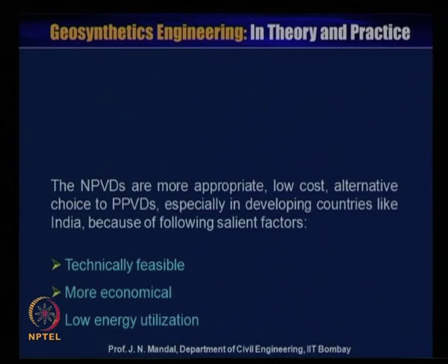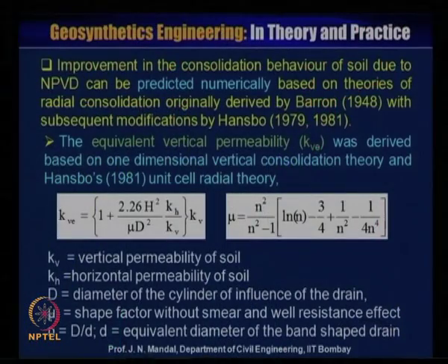So, we can make use of the natural prefabricated vertical drain because it satisfies all the criteria like the polyester prefabricated vertical drain. Now, how to design this and what equations can we adopt to design the prefabricated vertical drain?